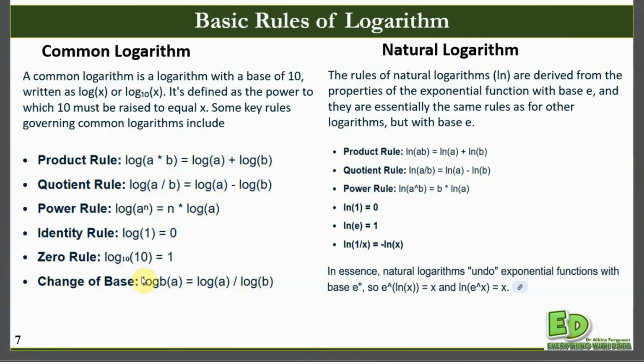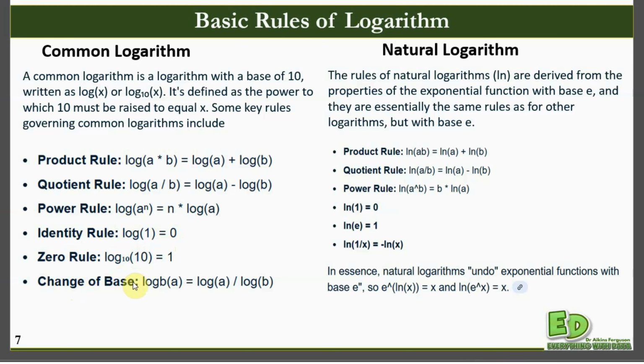Looking at the next one, what is called the identity rule. The identity rule is just saying that log of 1 is equal to 0. And the zero rule is also saying that if you have log 10 to the base 10, it is equal to 1.